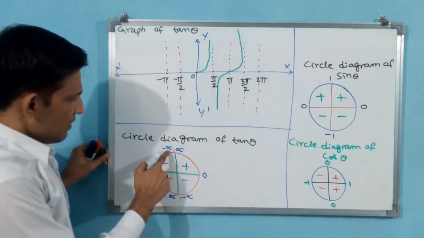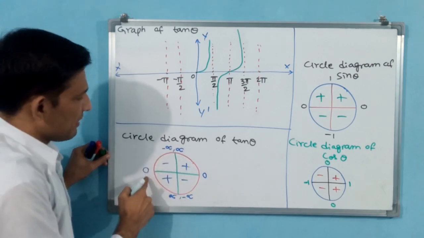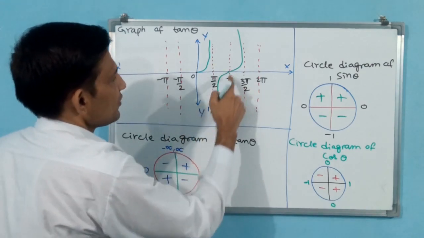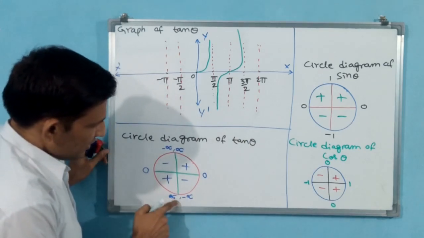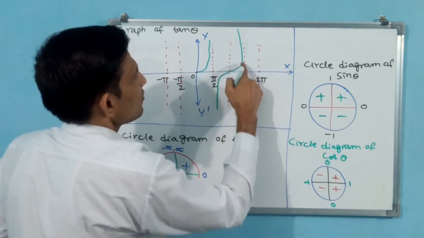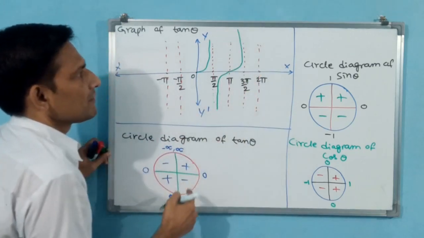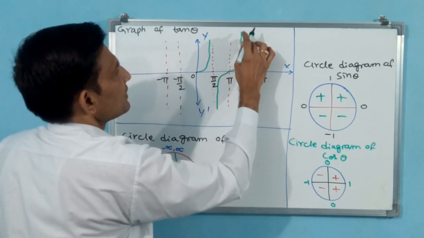Minus infinity to 0 from pi by 2 to pi. Then pi to 3 pi by 2, 0 to infinity again. You draw this a little bit in this way.